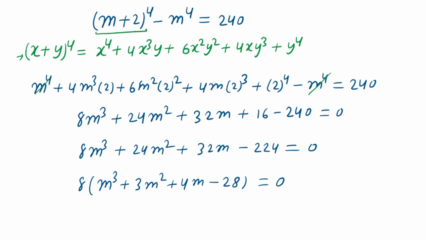Now we divide both sides by 8, so the 8s cancel out. We have m^3 + 3m^2 + 4m − 28 = 0.